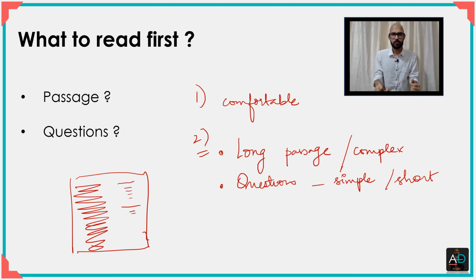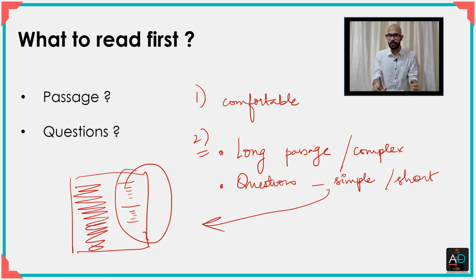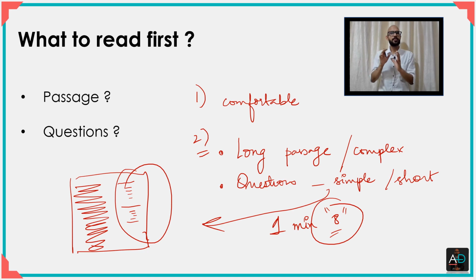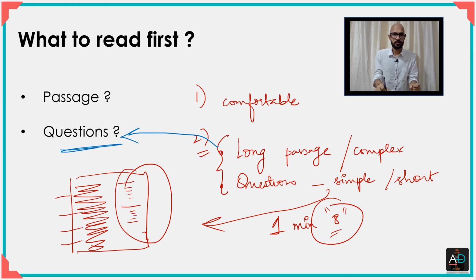Next one here, 4 small options. In that case, I'd say read the questions first. Because the questions are simple and short, it won't take you long to read them. Let's say in 1 minute, you can read all the 8 questions. Once you do, you'd be able to see what is important in this long passage. So if it's a long passage and simple short questions, read the questions first.